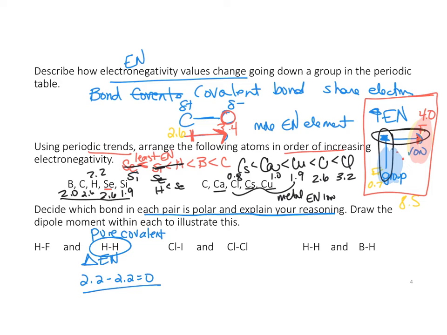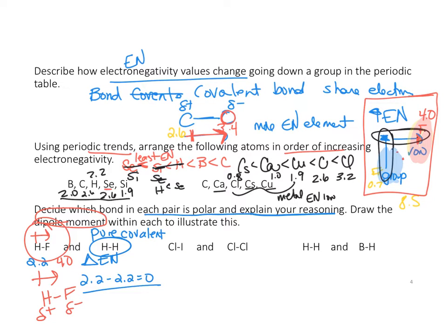You only have that when something's bonded to itself. HF, well, you've got a 2.2 for hydrogen, and you've got a 4.0 for fluorine. So clearly that is what you want to draw the dipole for. When it asks for the dipole moment, you want to show where the positive is and towards the push of the electrons. Another way you can do that is with delta positive and delta negative.